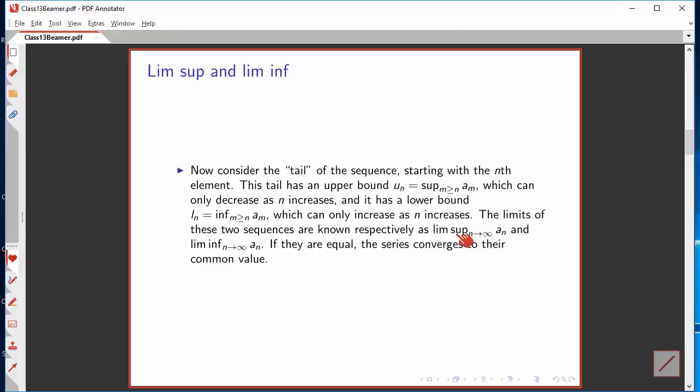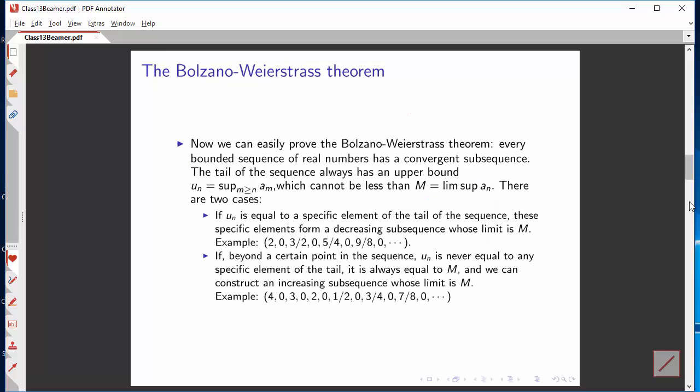Both of these are bounded sequences, and their limits are known as the lim sup for the supremum and lim inf for the infimum. If these are equal, then the series converges, and it converges to their common value. But these quantities exist for any bounded sequence of real numbers, whether it converges or not.